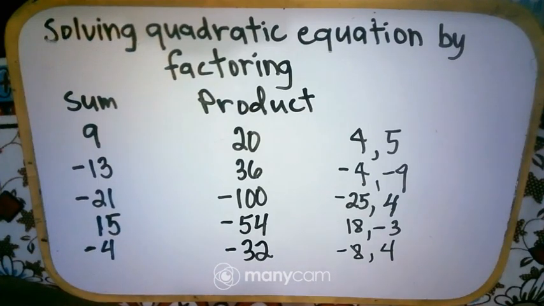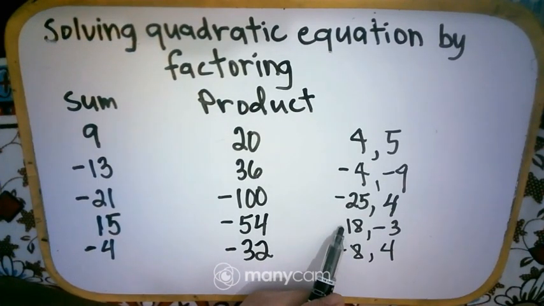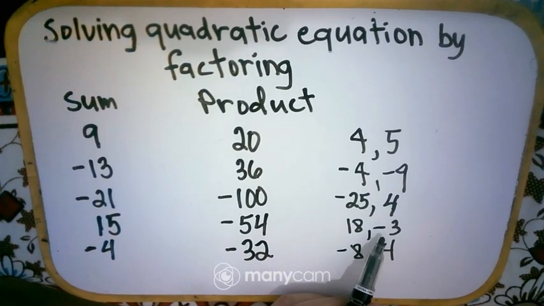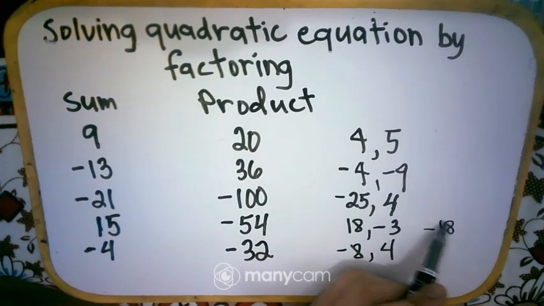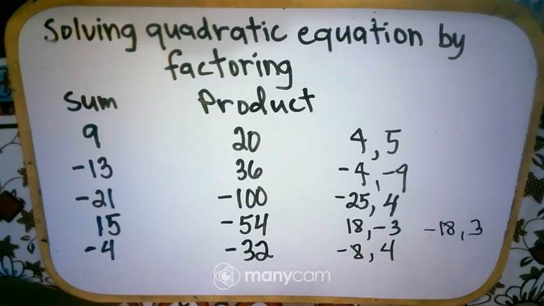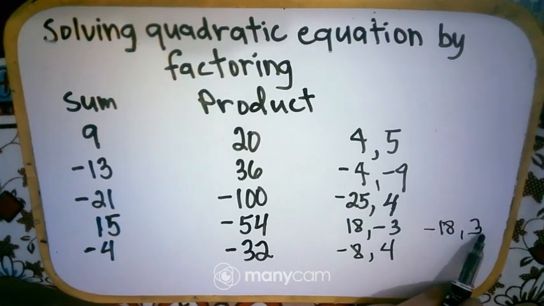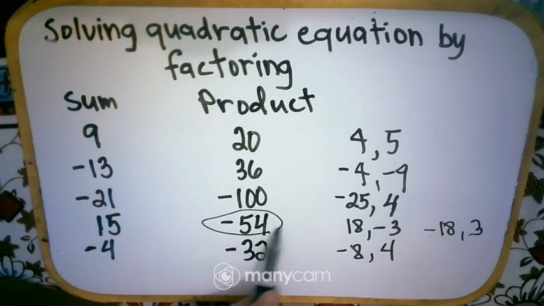Ito lang. Hindi po pwede magkabaliktad ang sign. For example, ang sagot nyo dito is negative 18 and then positive 3. Mali po yan. Well, kapag pinag-multiply natin ang negative 18 and 3, you will come up with negative 54.